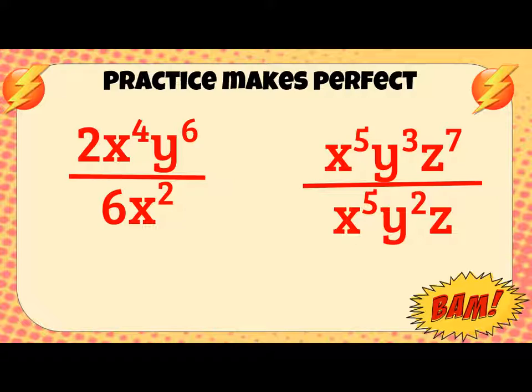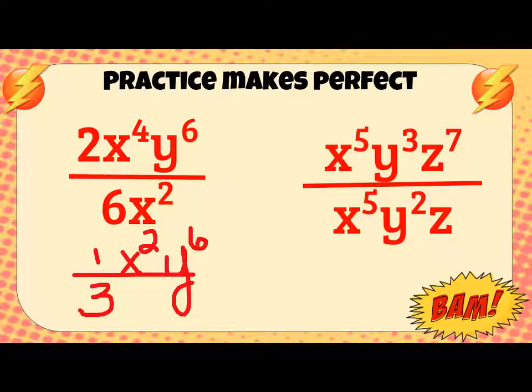We had a couple other problems that we decided that we would do, with this same idea. For this one, 2 over 6 simplifies to 1/3. And then we would have x to the 4 minus 2, so that would be x squared. And then y to the 6 has nothing else to simplify, so y to the 6 minus 0, nothing to subtract. Okay.